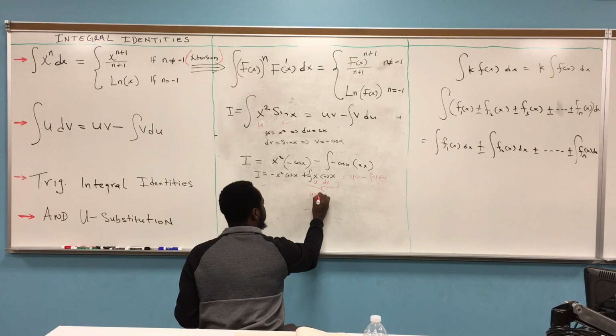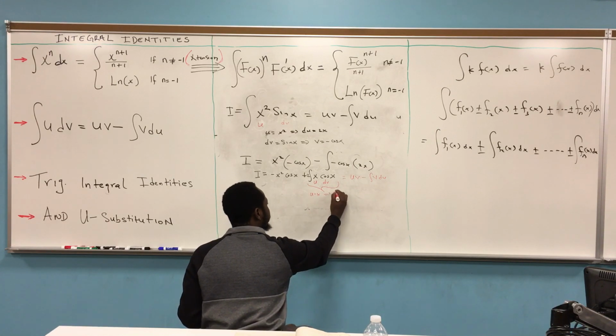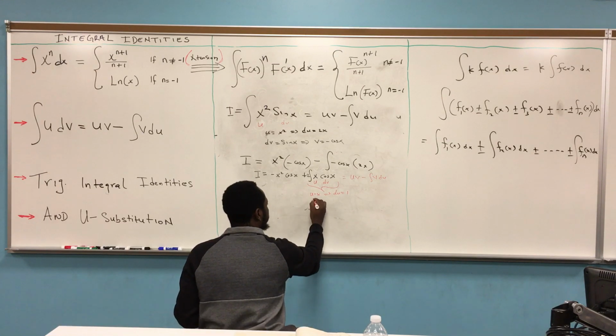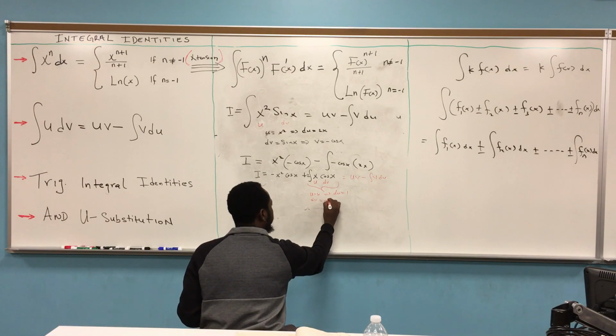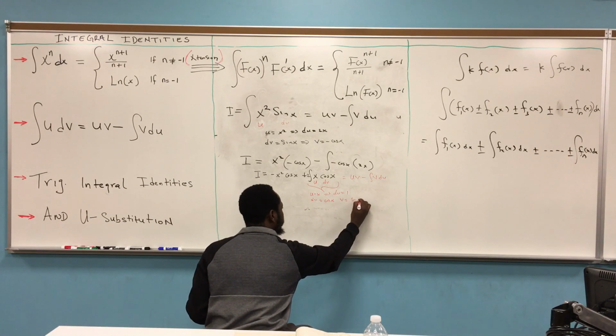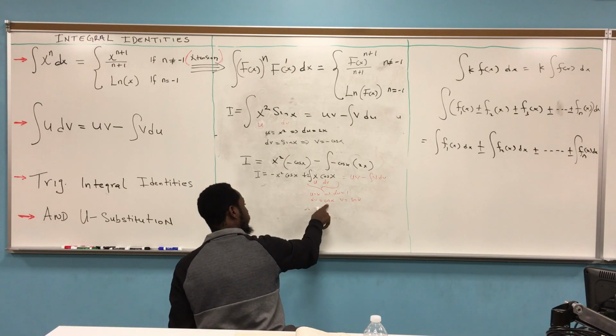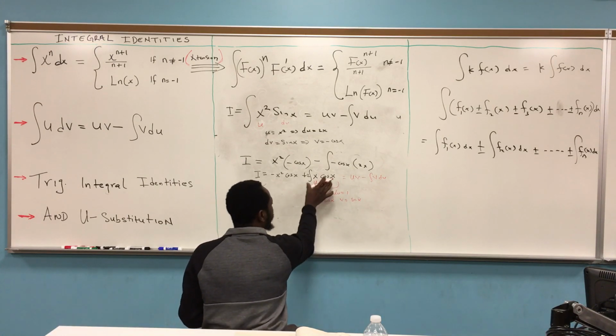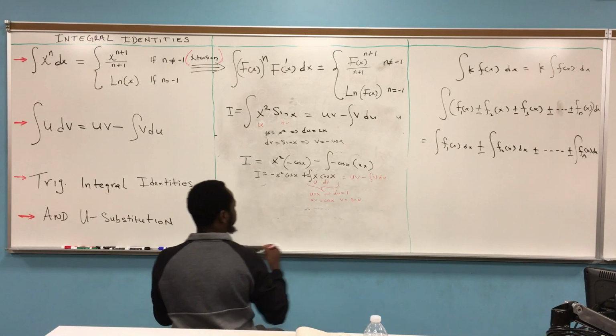So if u is x, it implies that my du is 1, and if dv is cosine x, my v is sine x. Because when you differentiate sine x, you get cosine x. When you integrate cosine x, you get sine x. So this portion can be expanded as this, right?